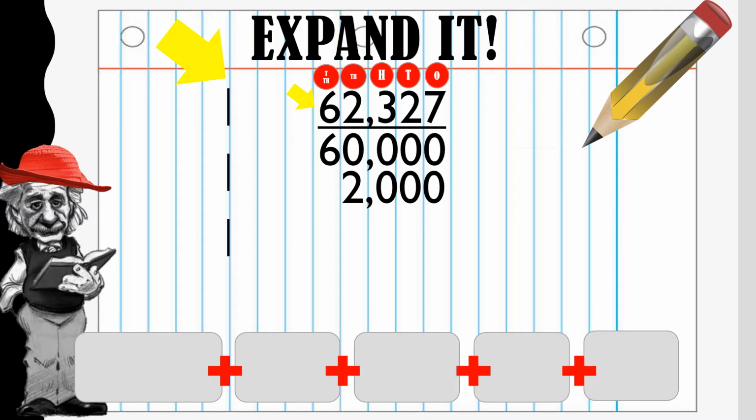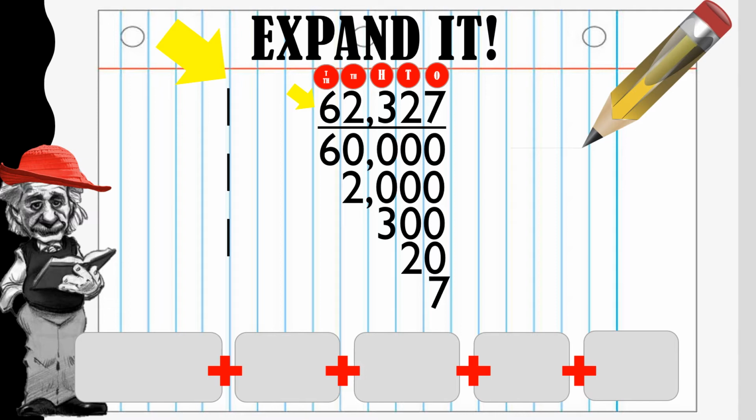Up next is the hundreds, 300s. 300s has a value of 300. 2 tens is up next, 2 tens, 10, 20. Oh, 2 tens has a value of 20. And finally, we have our 7 ones, which has a value of 7. We've expanded this number, and we've used line paper to organize, also using a place value chart.